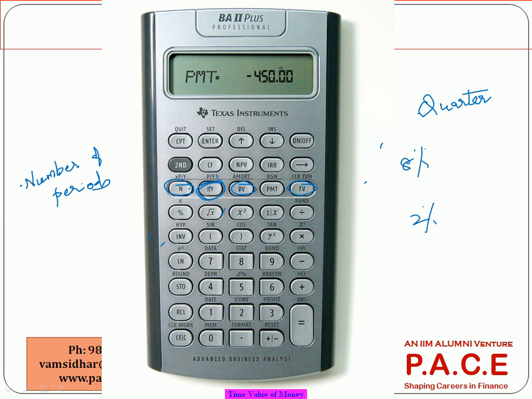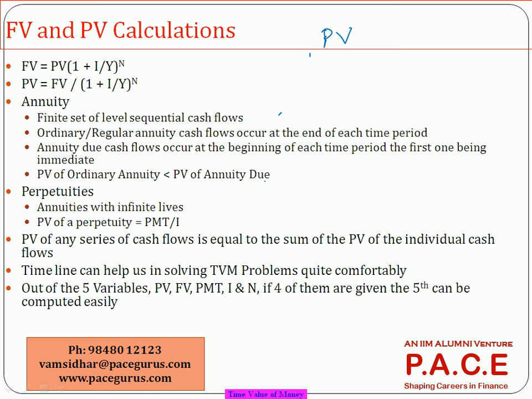And the fifth is the PMT. For this PMT, the concept which we have to discuss here is annuity. Annuity is nothing but a series of equal payments at equal intervals of time. Let's say in our insurance premiums, we pay the same premium amount for some number of years at equal intervals of time.